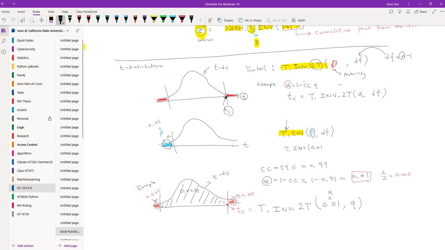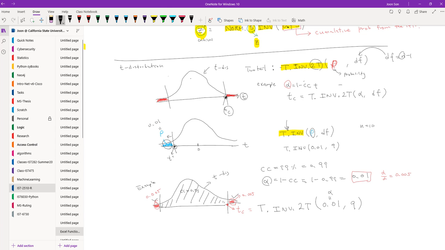And let's say n is 10, then your degree of freedom is 9. It's very likely that you will get some negative value. So that's your t critical, you know that this is 0, so you will get a negative t value actually. Okay, so this is another interesting function that you should know, T.INV.